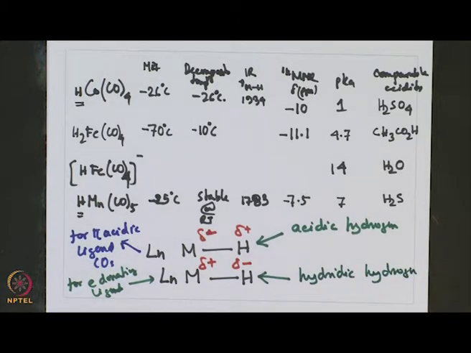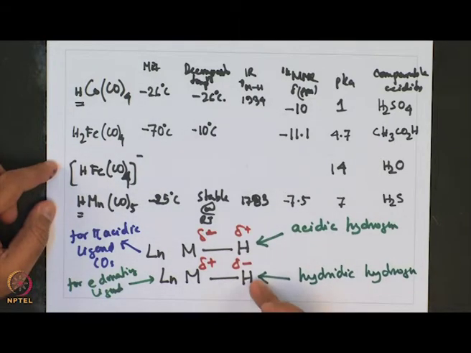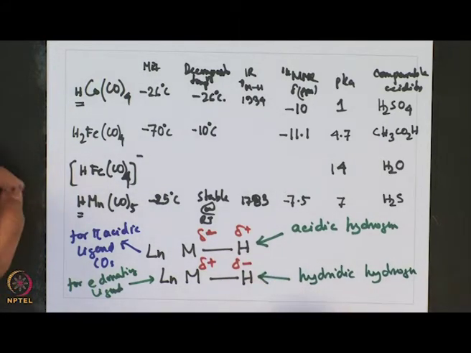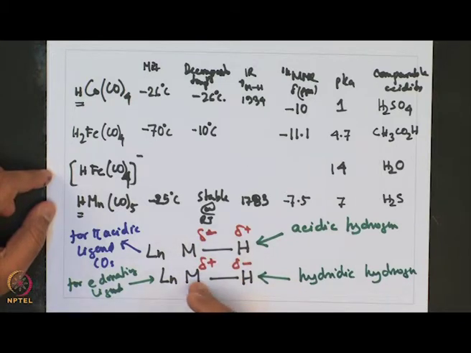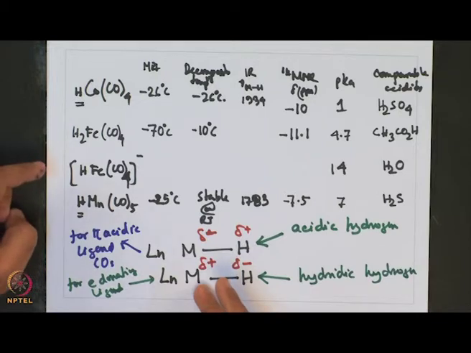So, that is a very interesting observation, that the character of the proton would very much depend on what kind of metal it is bound to, as well as what kind of ligand the metal is substituted by.